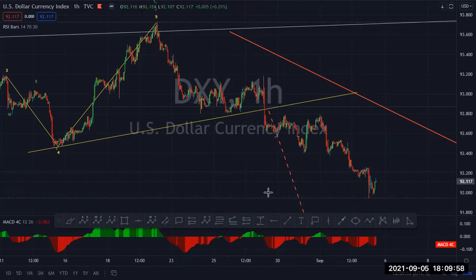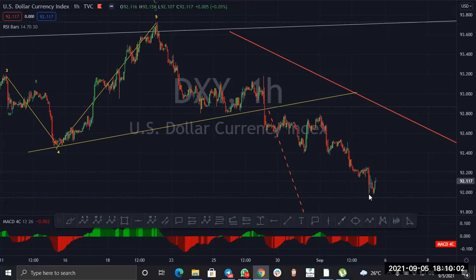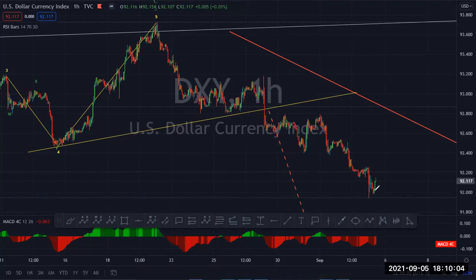In this type of scenario, either we get this as A, B, C, or we get a running flat, or we may get a double correction. So either we get something like this and it will go down from here, or it will continue to go down from here, or it will come to this level before going down.